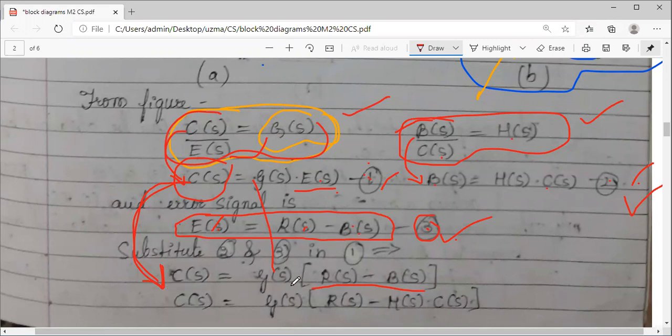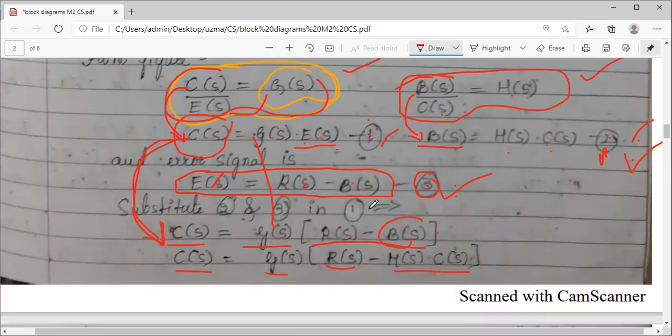Fine. So C of S is G of S into the error signal, with equation 3 substituted. After that, you can see I have written all these things as they are. Instead of B of S, which we found in equation 2 to be H into C, I have substituted that. So equations 2 and 3 are substituted in equation 1.